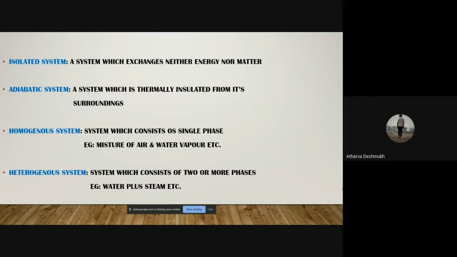Then the homogeneous system consists of a single phase, for example, a mixture of air and water vapor. The next is the heterogeneous system, which consists of two or more phases. An example of it is water plus steam.